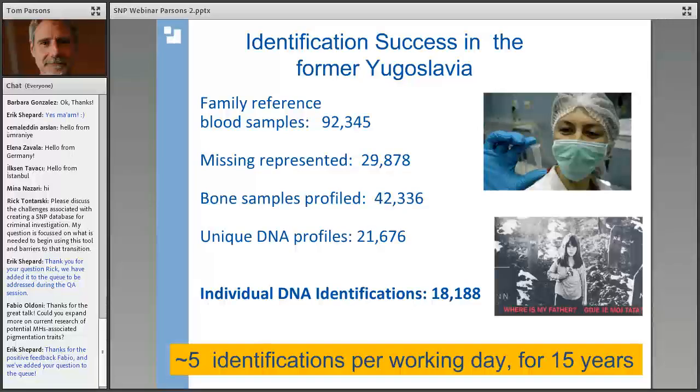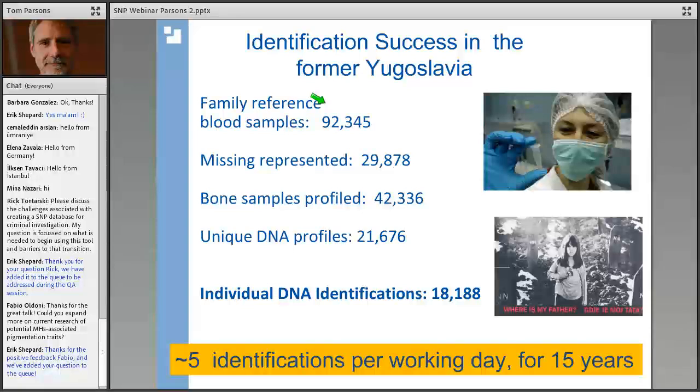This is now jumping forward quite a number of years in time, but this indicates where we are with the process. We have family reference samples representing about 30,000 missing people. And you'll note here that we have multiple family reference samples per missing person, about 3 or so per missing person.